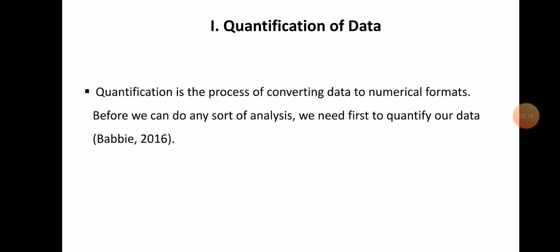So before going into details, let's have a clear understanding of quantification of data. Quantification of data is the process of converting data to numerical formats. Before we can do any sort of analysis, we need first to quantify our data. It is the act of giving a numerical value to a measurement of something. In relation to social sciences, quantitative research methods attempt to collect and analyze numerical data on social phenomena.